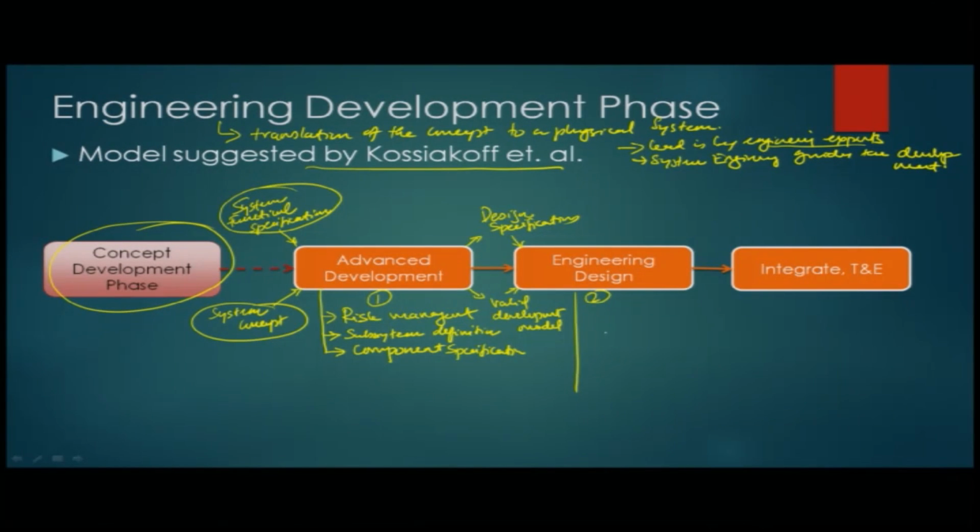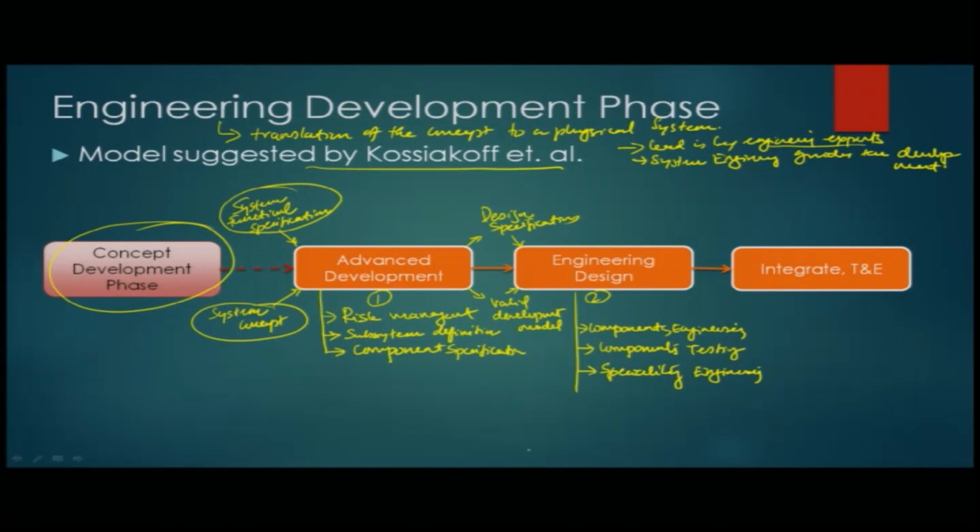And in the engineering design, the steps will be the component engineering, where you will be engineering the components. The second part will be the component testing. Let's use the plural, components testing, since you have multiple components, we are not talking about a single component. And we also have something called specialty engineering. We will discuss what specialty engineering is a little later, but that is an important aspect of this.